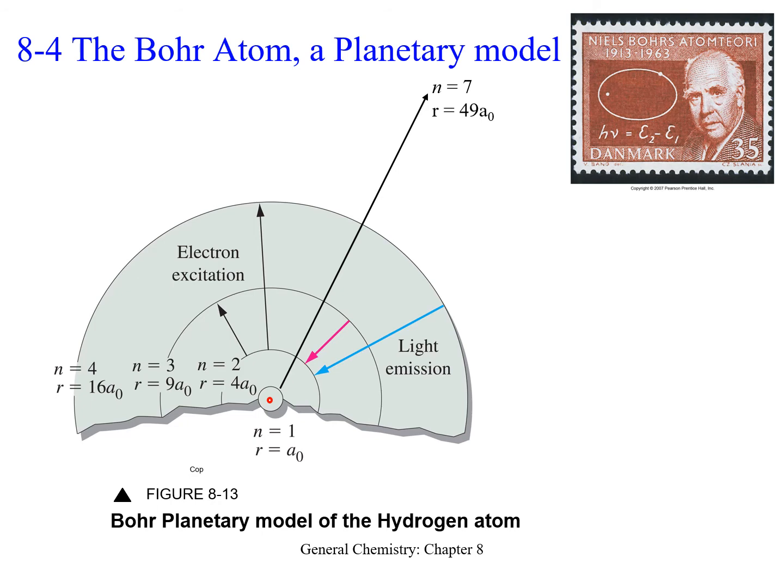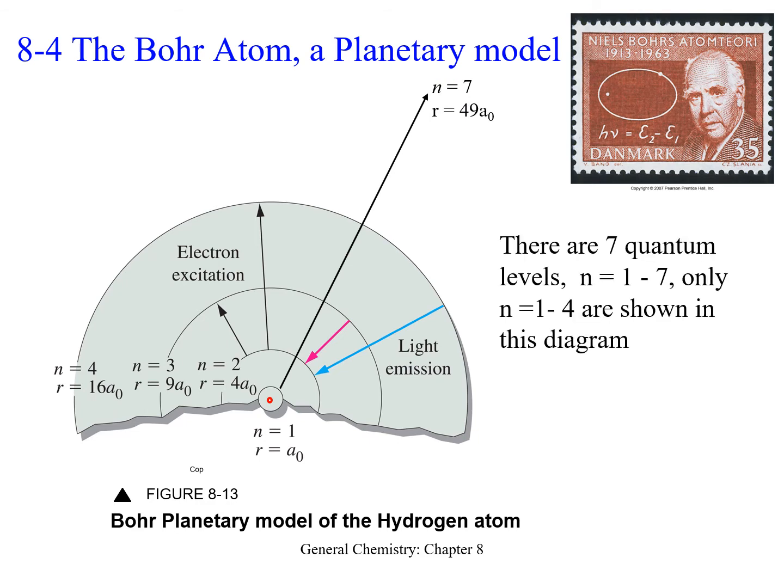N goes from 1 to 7, as we'll see in the periodic table, and there are 7 quantum levels in matter. Only n equals 1 through 4 are shown in this diagram. So this is the Bohr model of the hydrogen atom.